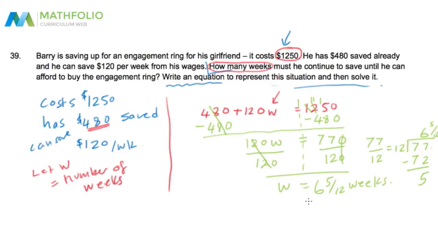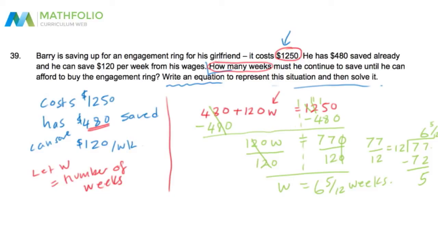Now, because Barry is probably not going to get paid his wages in the middle of the week, just from logic and being reasonable, we have to know that he's going to get paid at least at the end of that week, if not at the end of the month. So we can't round this down, but we also can't just leave it as 5/12 of a week. So we have to round up. We have to say that this is our solution so far.